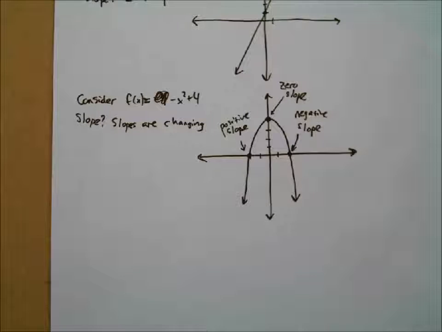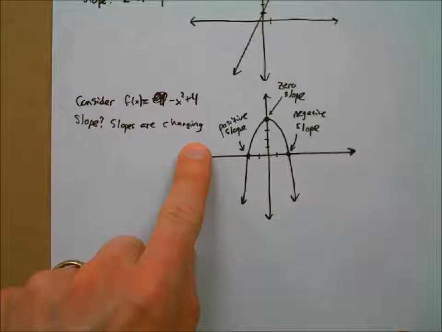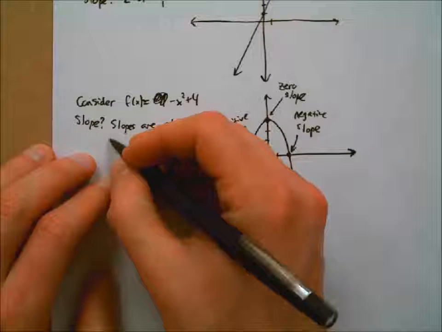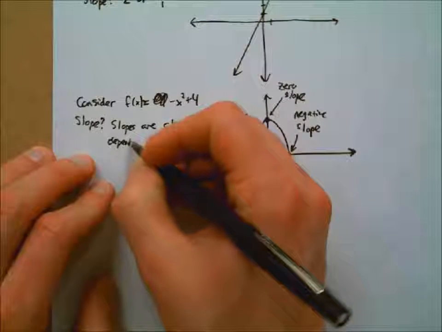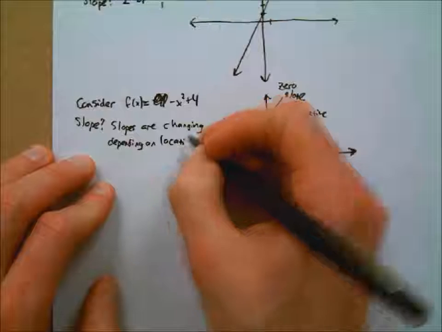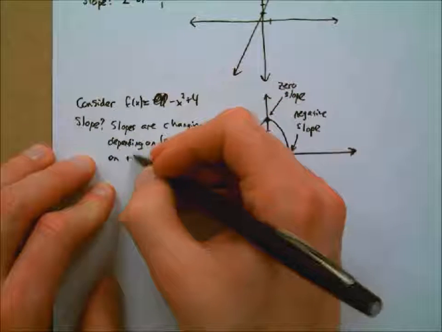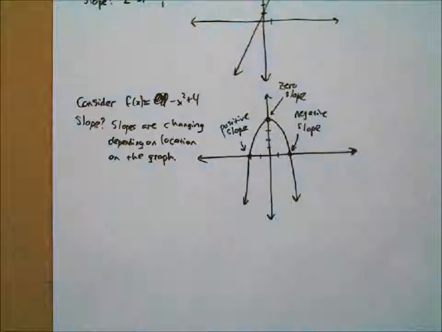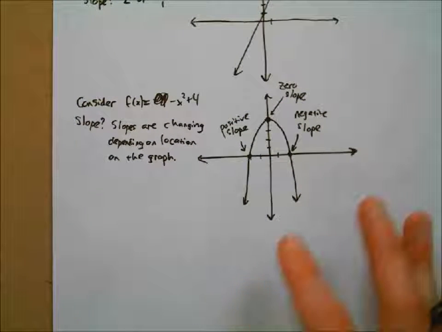But our slope is changing. Slopes are changing depending on where we are on the graph. It depends on our location. That's a bit of a new kind of behavior than what we talked about here.